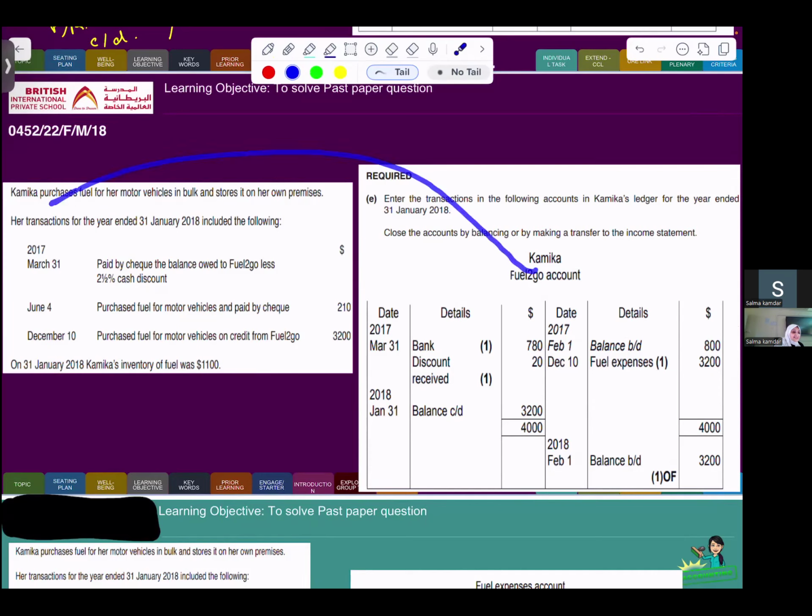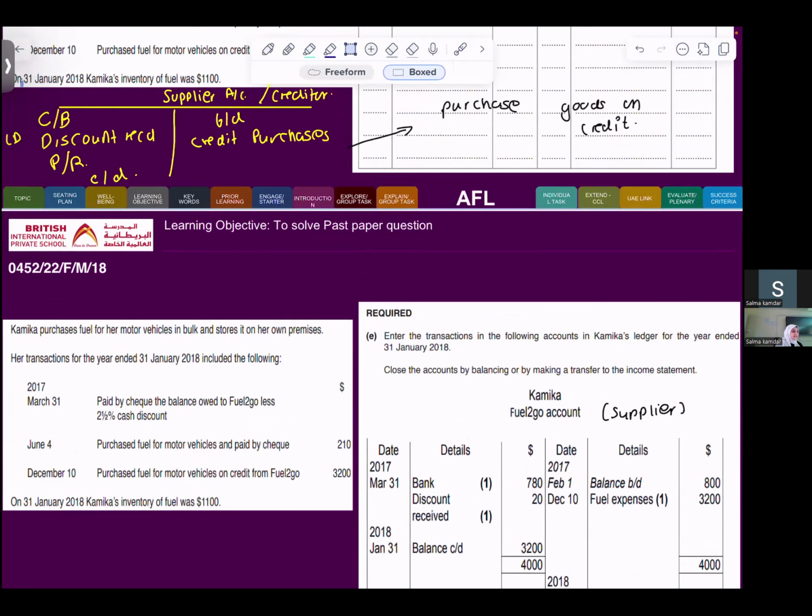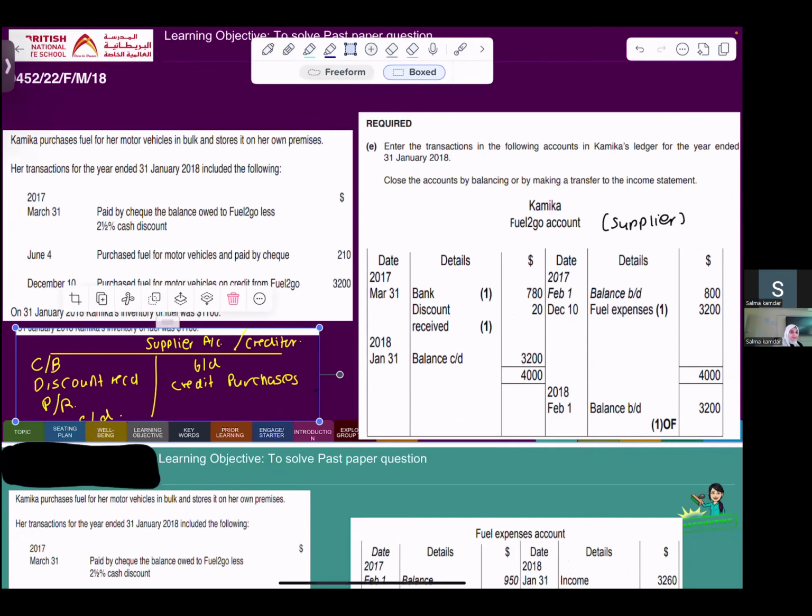If Fuel To Go is the supplier, then we follow the basics of the supplier account. Since Kamika is purchasing, that means Fuel To Go is a supplier. So we follow the basics of the supplier account, which says balance brought down on the credit side. Below that, credit purchases, everything else on the debit side.